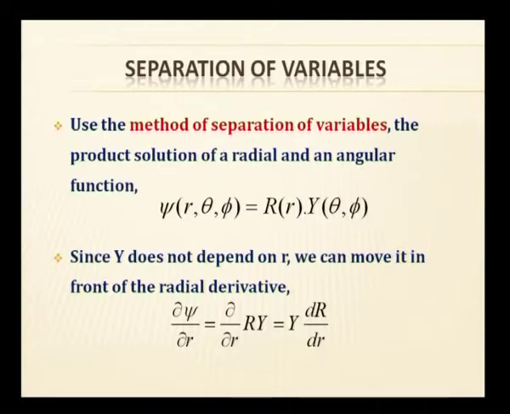You can split up the whole equation into 3 equations, one depending upon r, the other 2 depending upon theta and phi respectively.